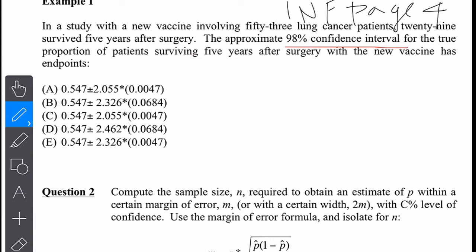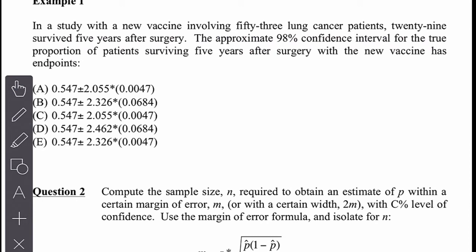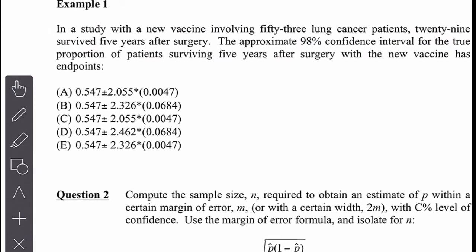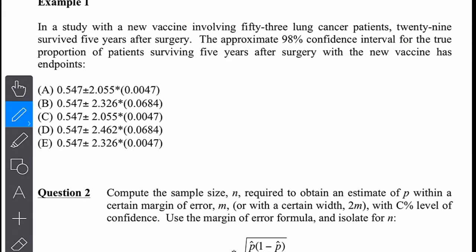So what we're going to do first is see what we have here. Let me erase my markings, okay? I'll leave some space to write. Okay, so 53 lung cancer patients. This is your sample size. 29 survived. 29 surviving.